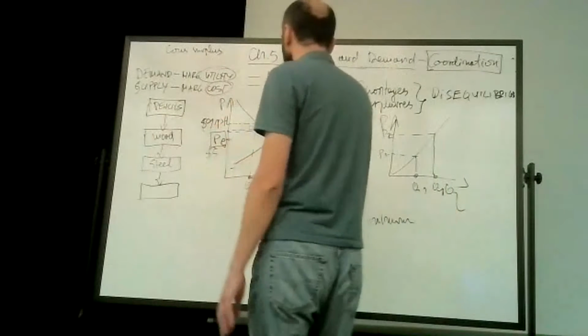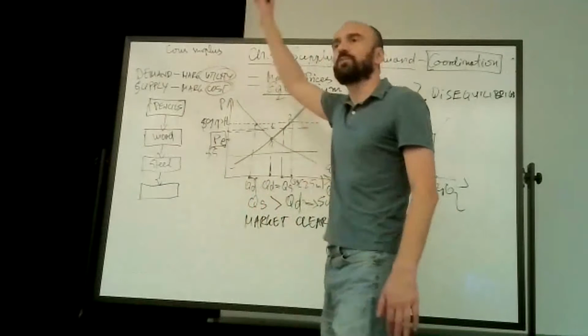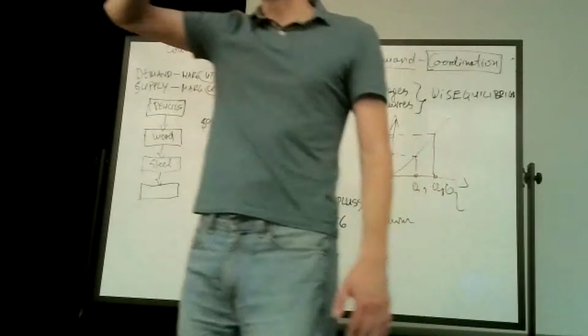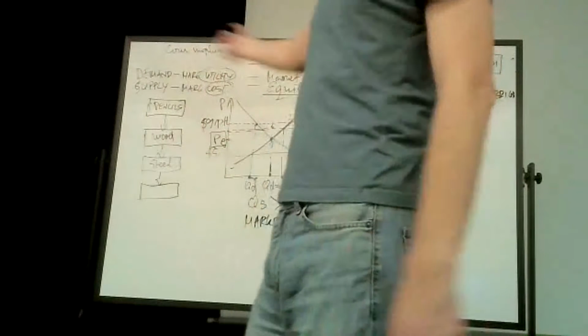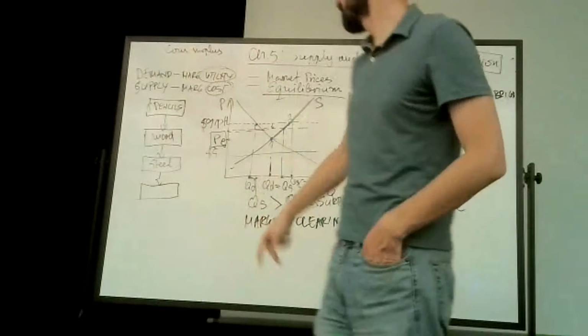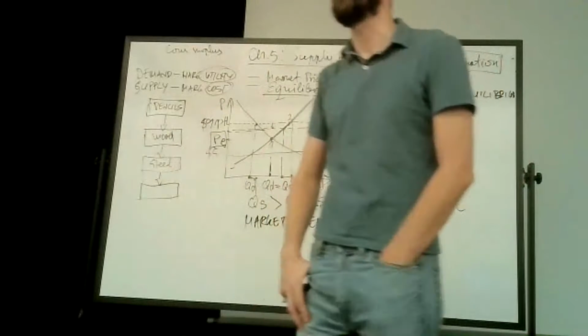So that's market clearing. The same thing will happen if price departs from the equilibrium level downward for whatever reason. So now can you tell me what's going to happen? What will the situation be with a downward departure of prices, when the price is lower than the equilibrium level?